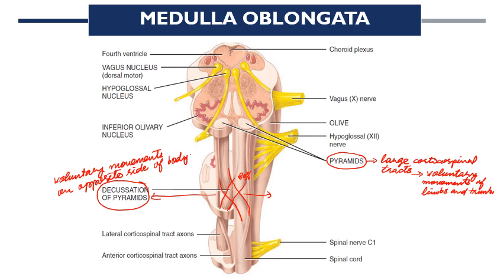In the posterior part of the medulla, two important groups of nuclei are located, and these are called the right and left gracile and cuneate nucleus.